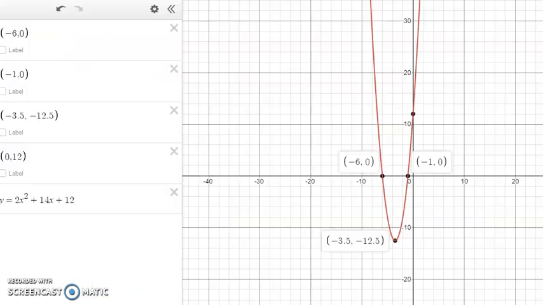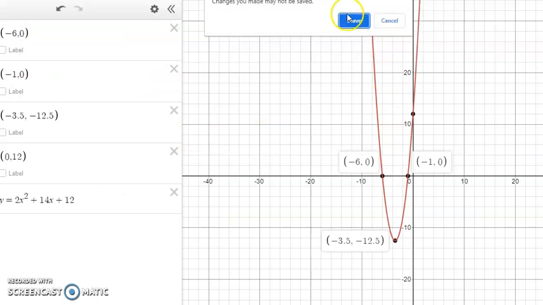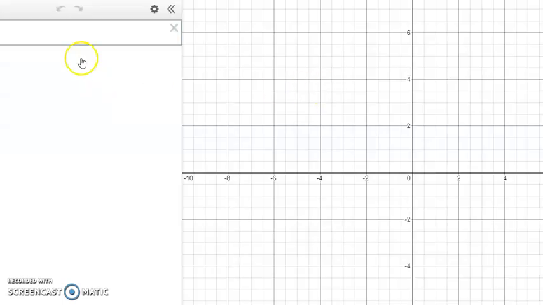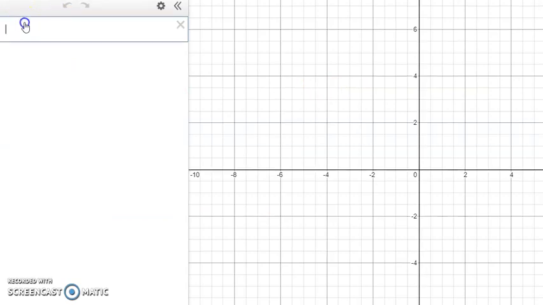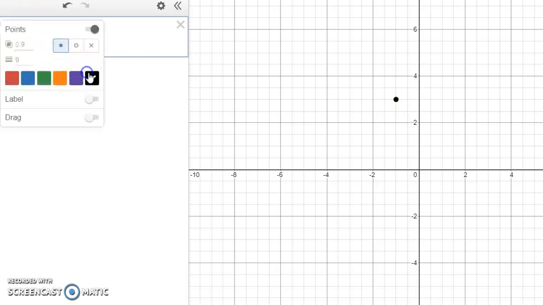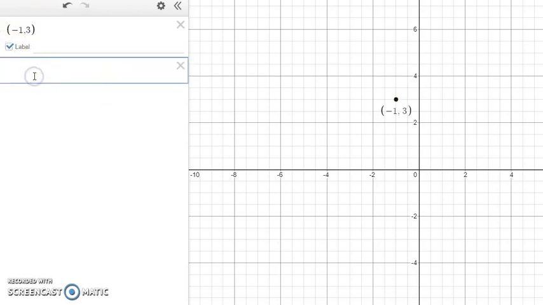So we got our Desmos program. I don't need to save that, so start a new graph. There we go, Desmos. And we'll graph these points. The first point we had was -1, 3, wasn't it? And then we had 0 and 10.